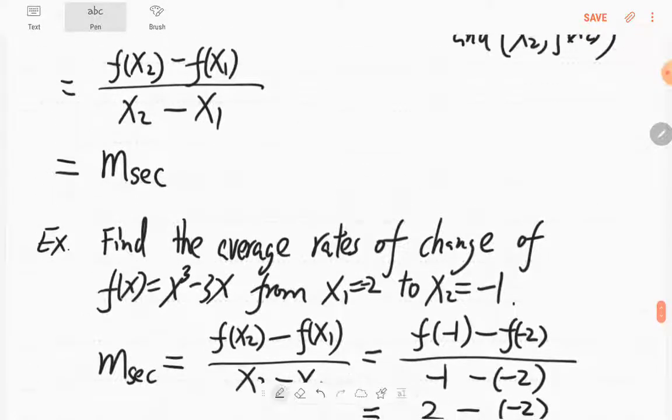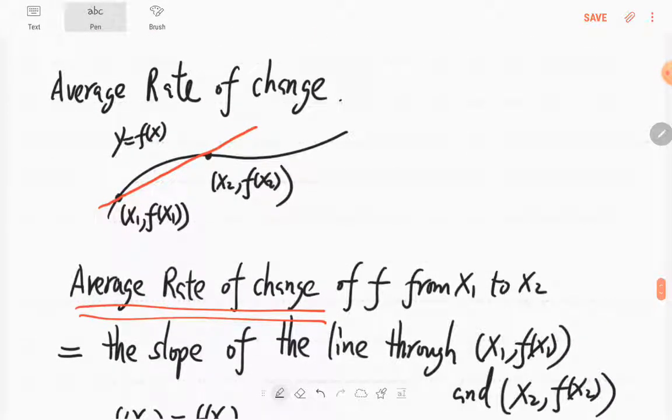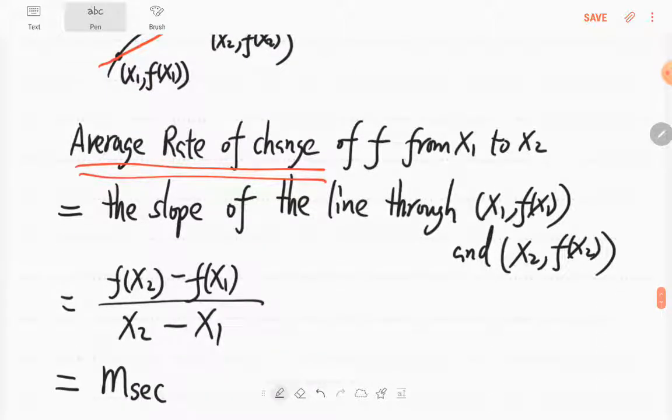There are some applications for the average rate of change. If x represented the time, from time 1 to time 2, and f represented the position, then f of x2 minus f of x1 is the distance change from time 1 to time 2.